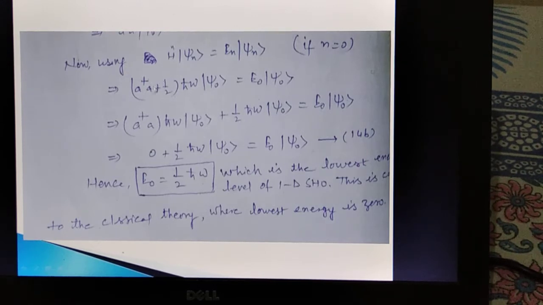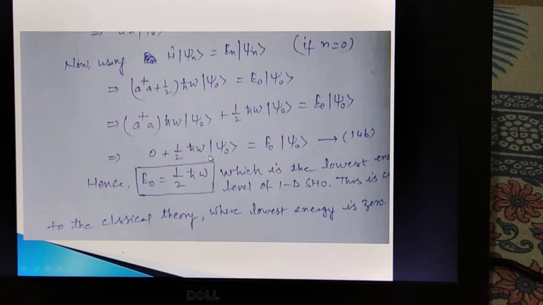H equal to A dagger A plus half h cross omega, so A dagger A h cross omega psi 0 plus half h cross omega psi 0 equal to E0 psi 0, and this term is equal to 0.